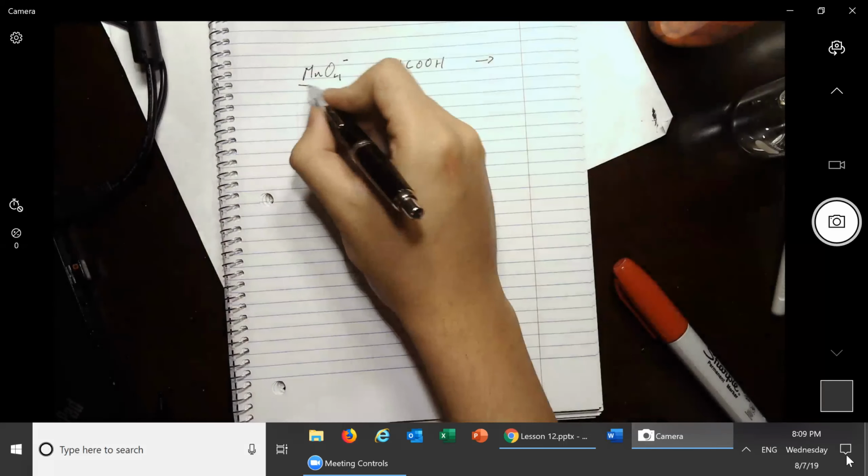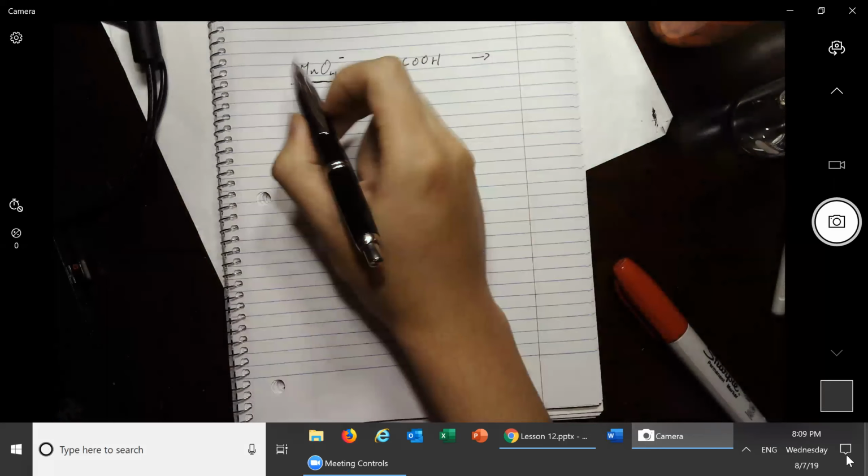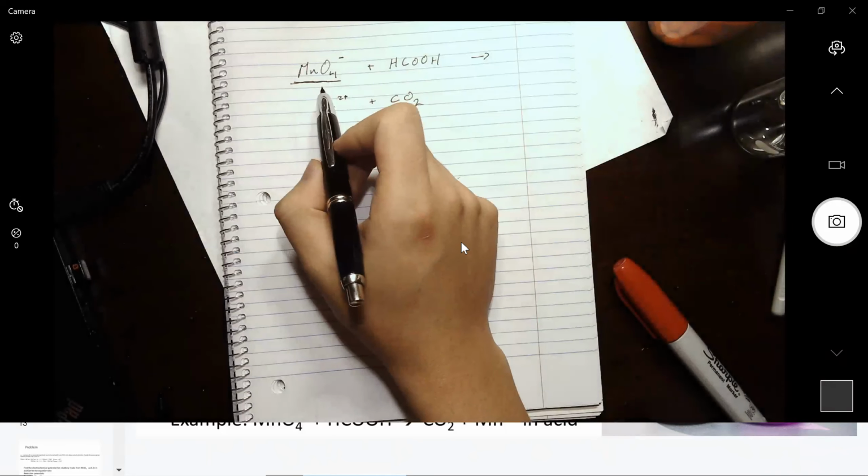So what do you think the oxidation state should be? What's the oxidation state of manganese? Each oxygen is going to be 2 minus. Usually oxygen is 2 minus.